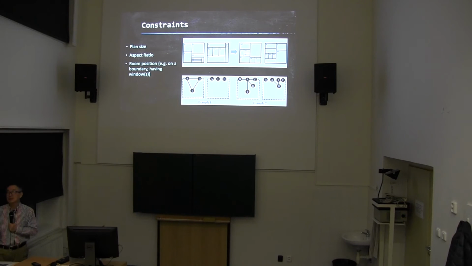That's what I mentioned earlier. You may want to specify that certain rooms need to have a window, okay? So then you see these 2 rooms, according to aspect ratio, we can actually generate these variations. You can see that it doesn't have these very long, narrow rooms, right? But the connectivities are exactly the same as this, okay?